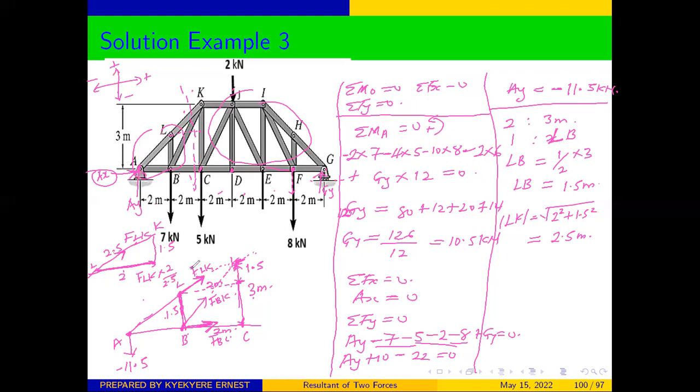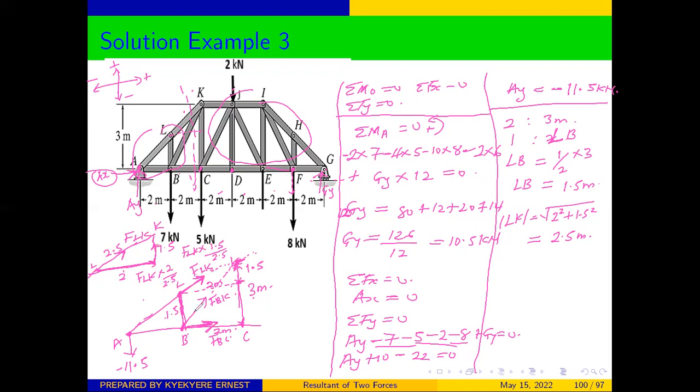We can do the same for Y. From this point, you will also be moving up on the Y, so Y will also be positive, but the distance is 1.5. Therefore, we have FLK times 1.5 over the hypotenuse, which is 2.5. And from there, we would have resolved force FLK into components.